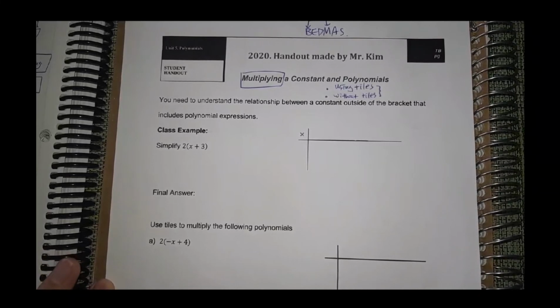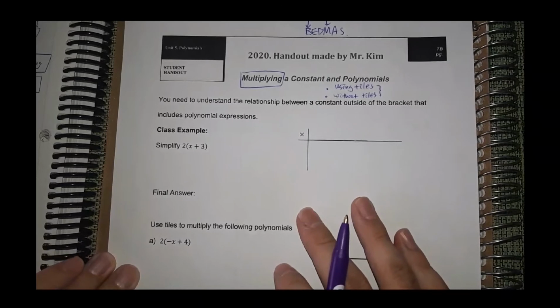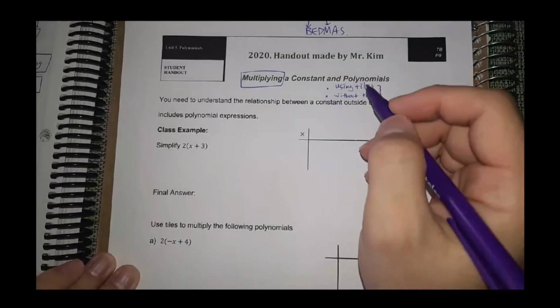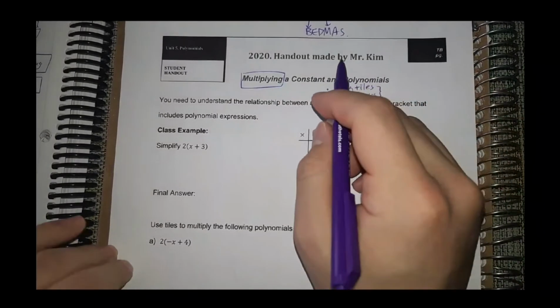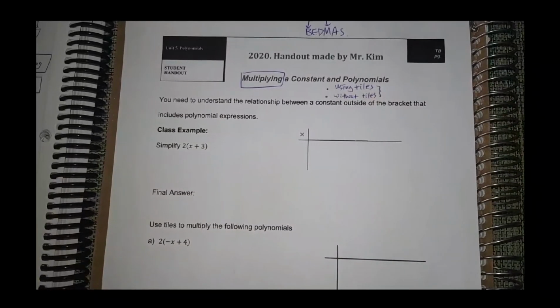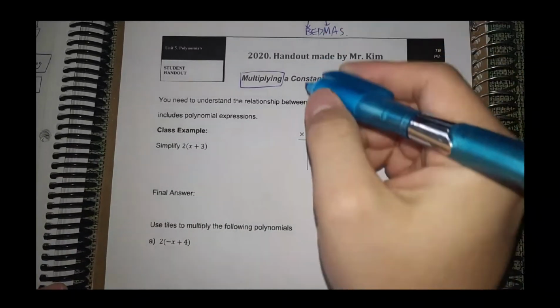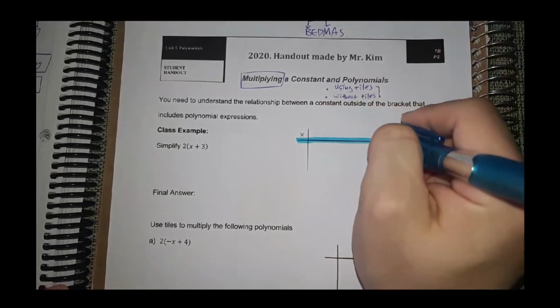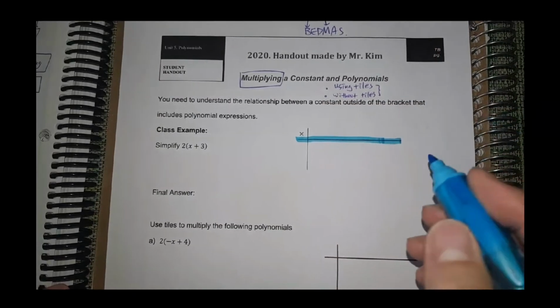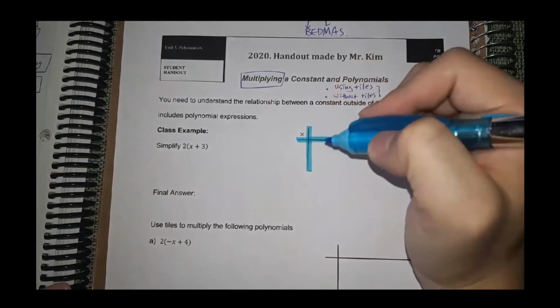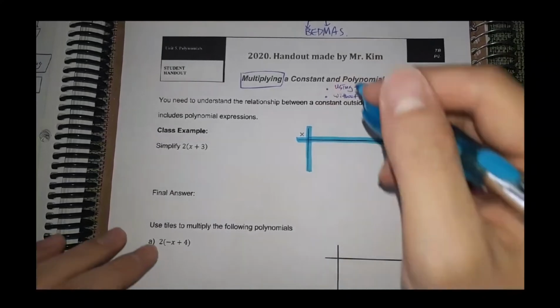But here's what we are going to do. We are not doing any distribution in here. We are basically using our integer tiles. The way that you prepare integer tiles, sorry, ladies and gentlemen, this is how you do. Have some kind of horizontal line and vertical line to create a table.